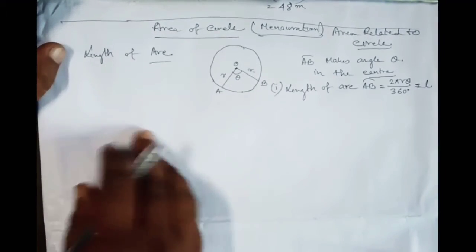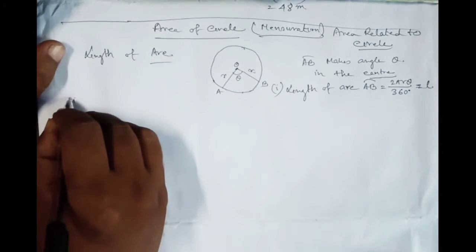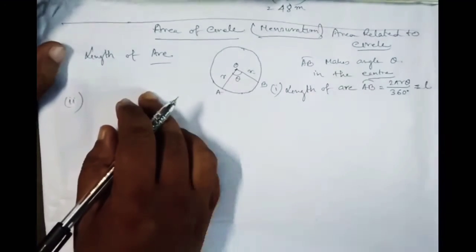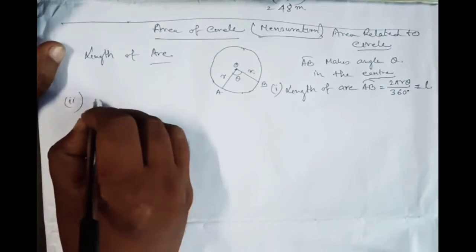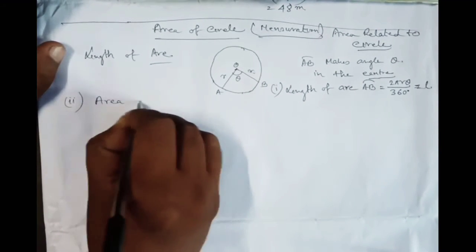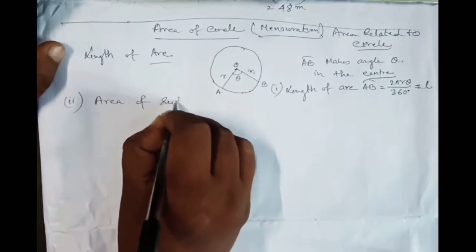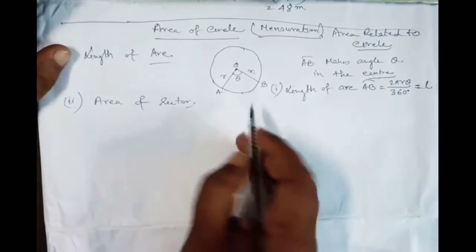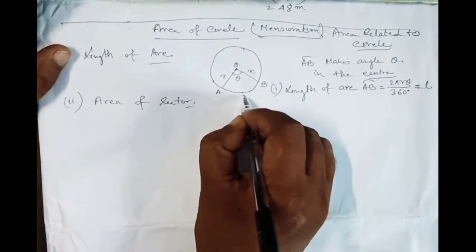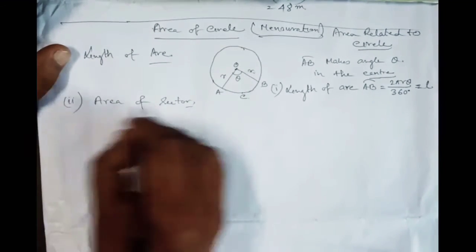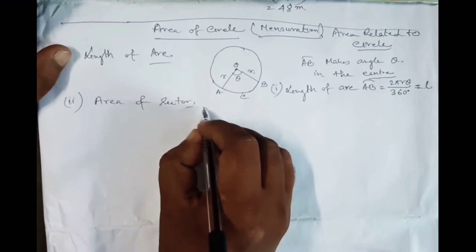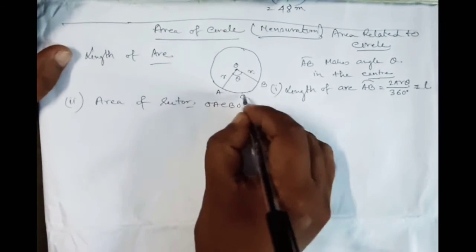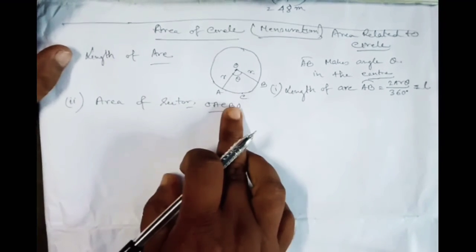Next, area of sector. Now if we name it C, so area of the sector OACBO, this is the sector, area of this sector.